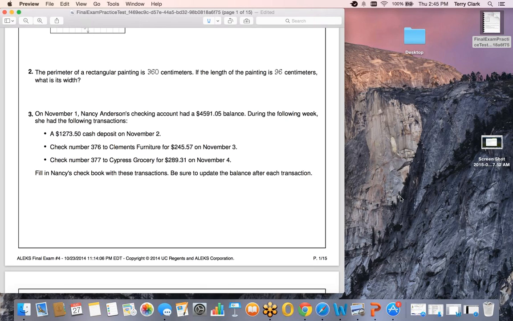Like if we were talking about chairs, we'd call the unknown C for chairs. If we were talking about pencils, we would call the unknown P for pencil. If we were talking about tickets, we would use T. If we're talking about distance, we use D. If we're talking about circumference, we use C. So that unknown letter is always going to represent whatever it is that we're talking about in the real world.